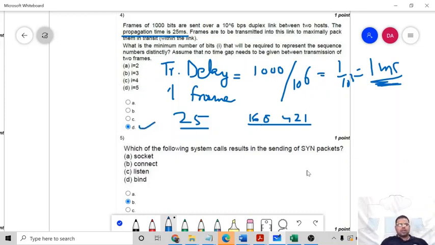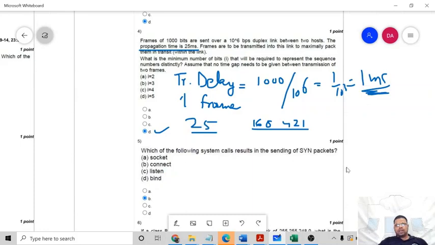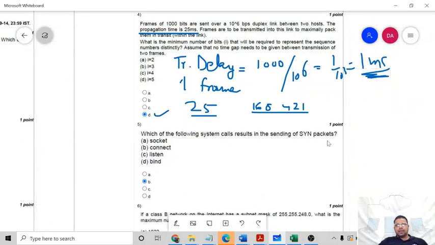So the next question is: which of the following system calls results in the sending of a SYN packet? Here we have different system calls like socket, connect, listen, bind. We know socket is used to create a socket.